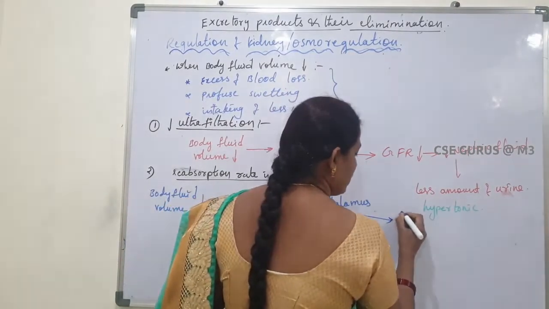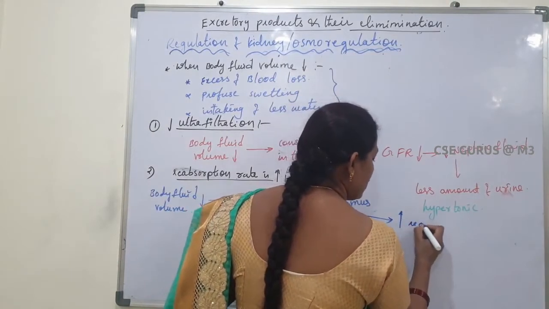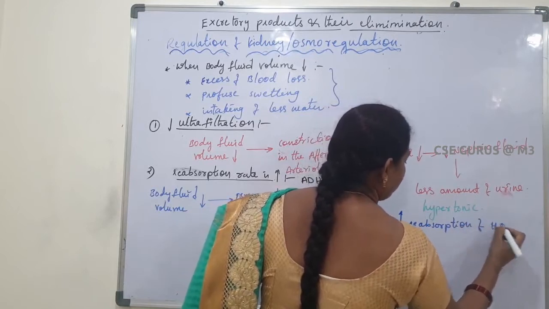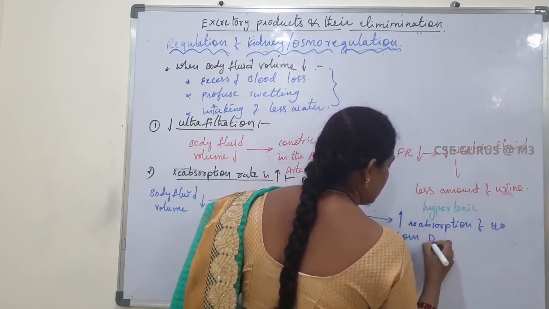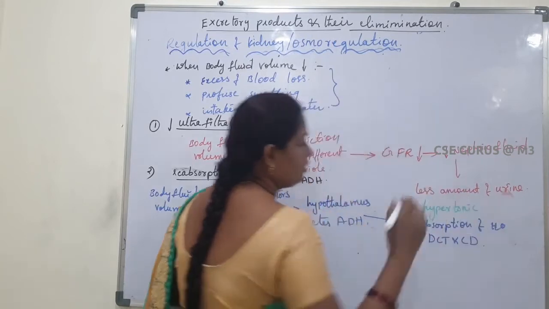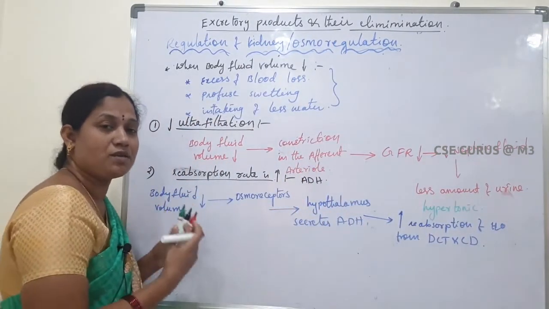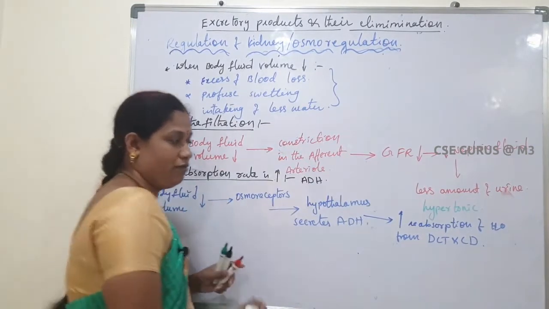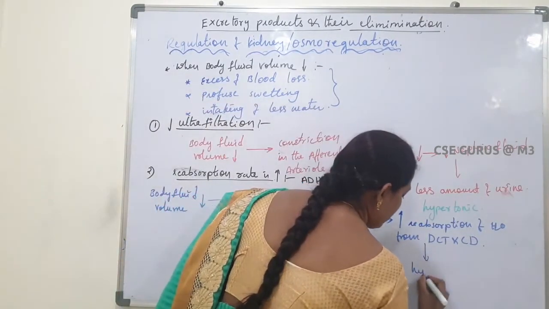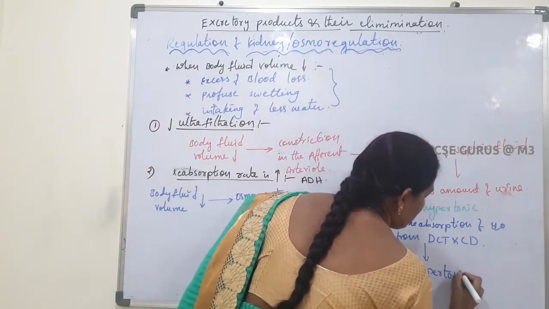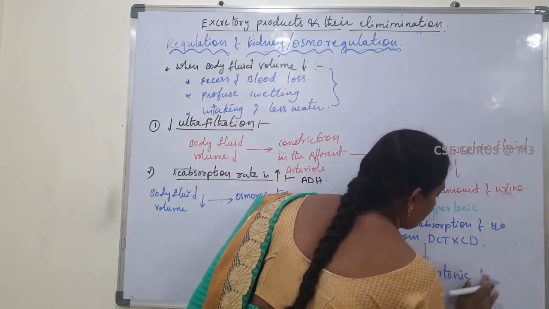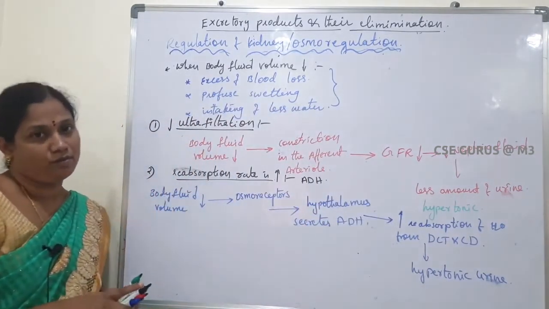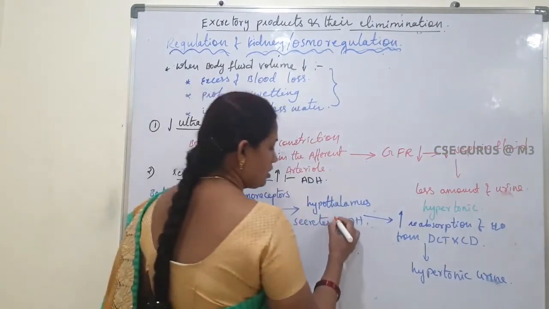This stimulates increased reabsorption of water from the DCT and collecting duct. Excess water is reabsorbed into the tissues, so finally a less quantity of hypertonic urine is produced due to the ADH hormone.